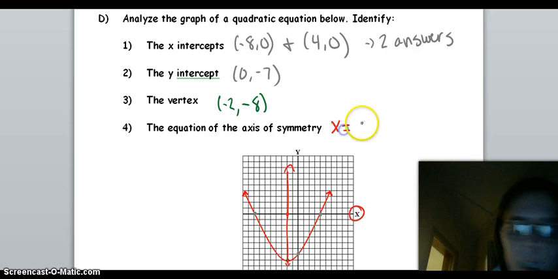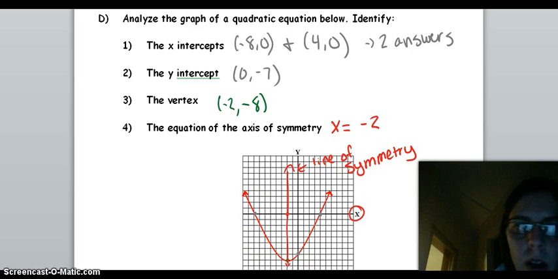So you'd say x equals -2. So this is your line of symmetry. This is your vertex down here. Okay, then you have your x-intercepts, and then I'll put the y-intercept in black here, so you have all those. You'll need to be able to identify that on your test next week.